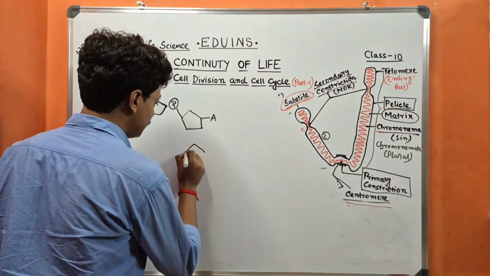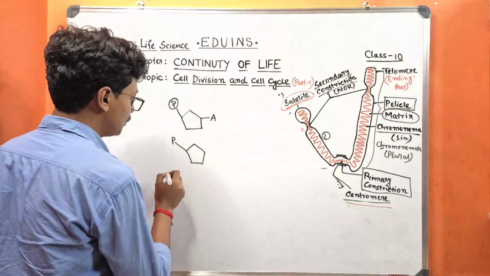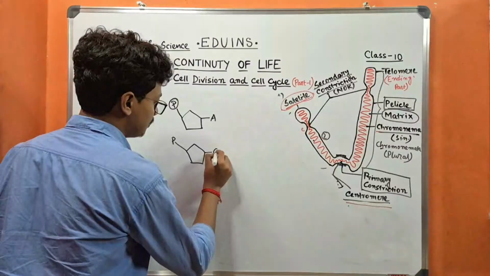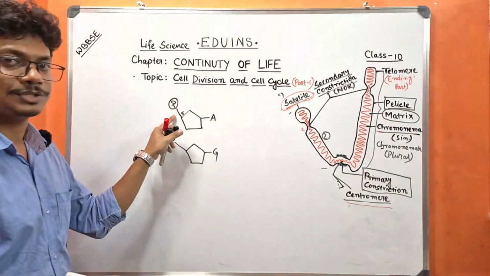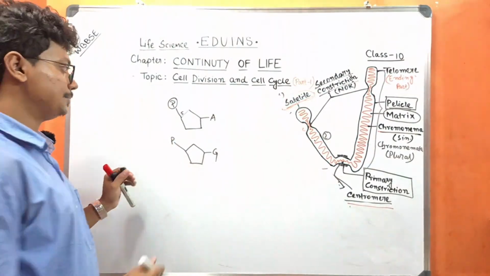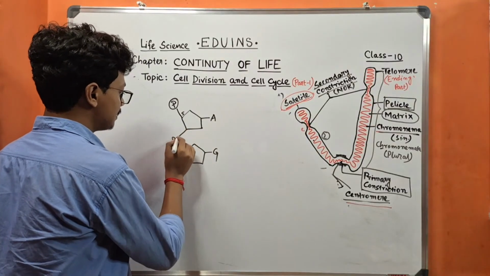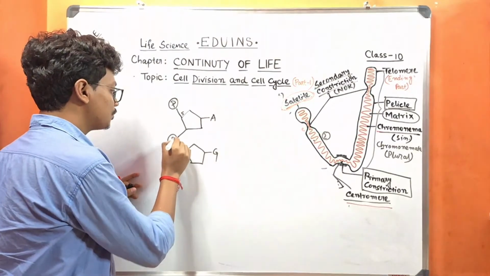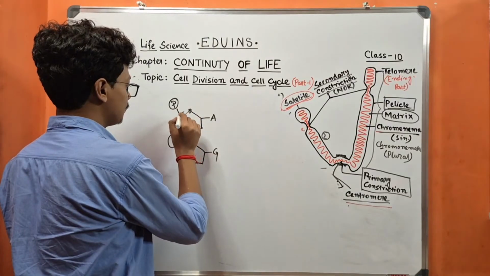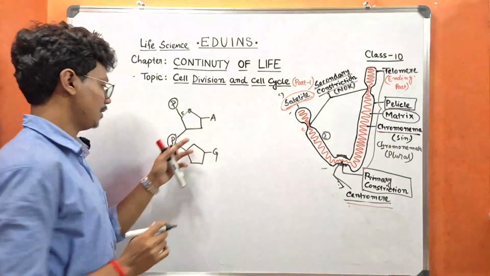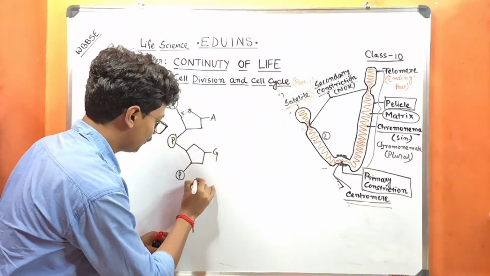Here is also another pentose sugar, the phosphate molecule, and a nitrogenous base. So this is the 5 carbon where the phosphate molecule gets attached. Now the number 3 carbon is joined with the next phosphate. There is O. This is the 5. Like this, the chain is formed.